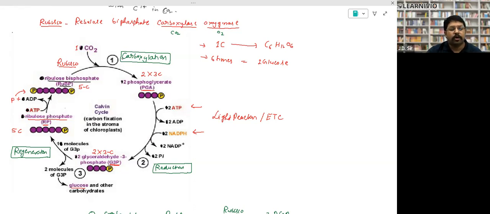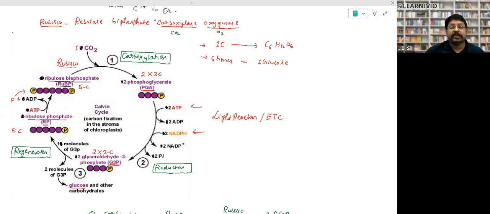This reaction will go on in the presence of an enzyme that is known as Rubisco. What is Rubisco? Rubisco is ribulose bisphosphate carboxylase oxygenase. This enzyme helps in the reaction of RuBP with carbon dioxide and with O2 as well.